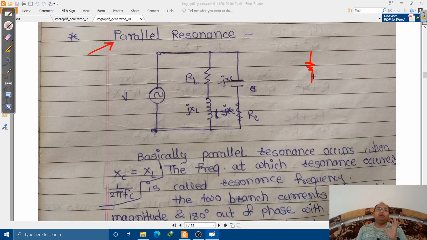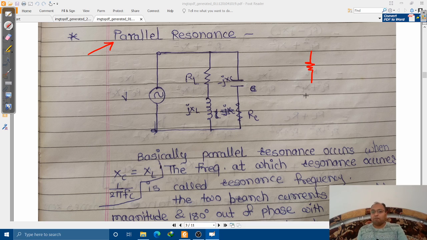Only then can resonance occur, because the maximum current can flow if the phase angles of these two components become equal in magnitude but opposite in sign. Then their phase angle will be zero, and the applied voltage and the current flowing through the circuit will have zero phase shift, that is, they are in phase, and only then the maximum amount of current will flow through that circuit.